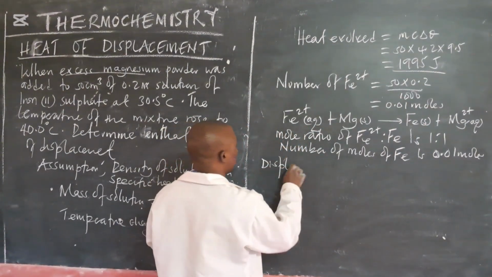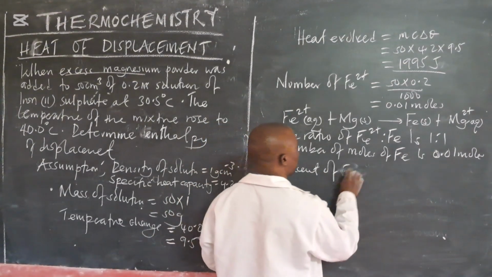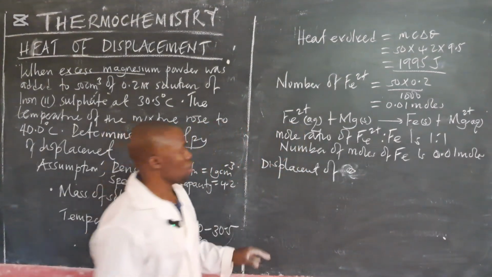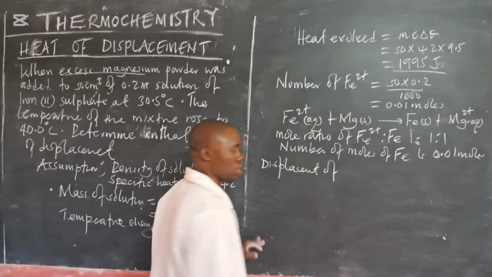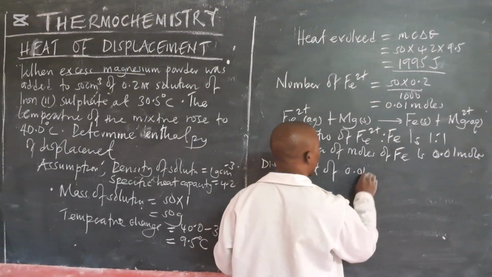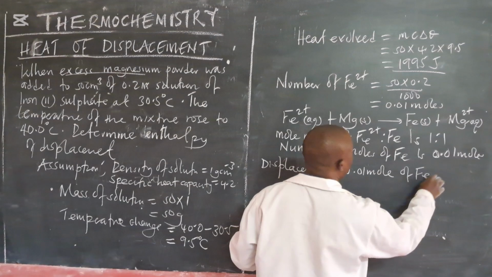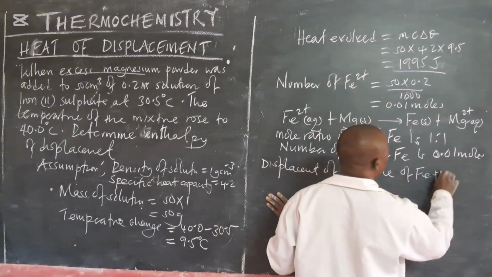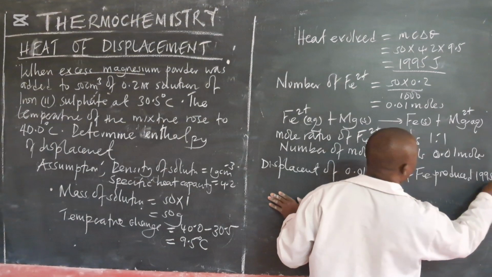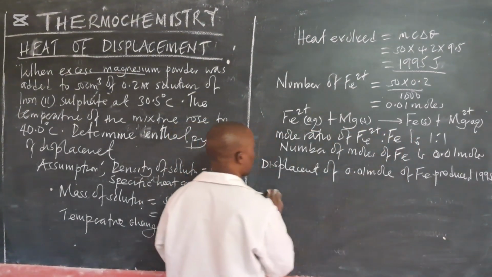So displacement of 0.01 moles of iron produced 1995 joules. Or formation of this produced that.